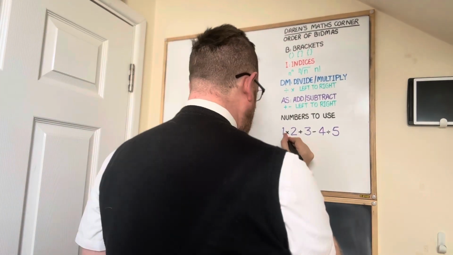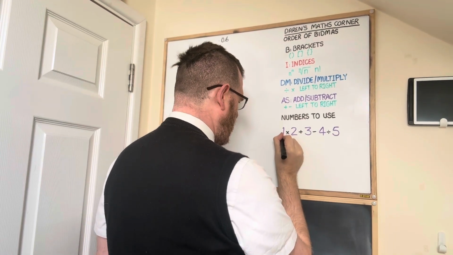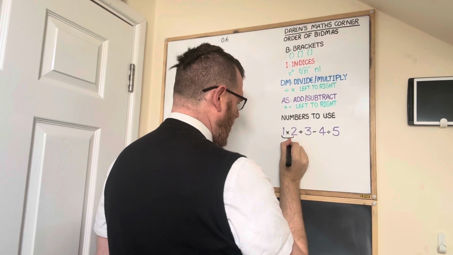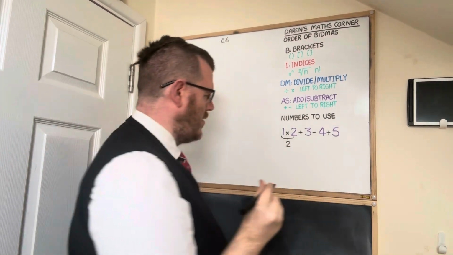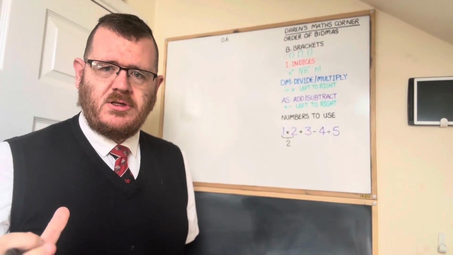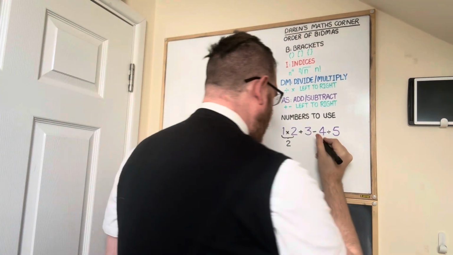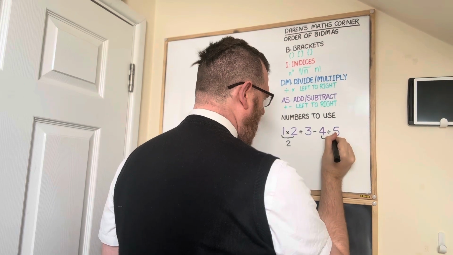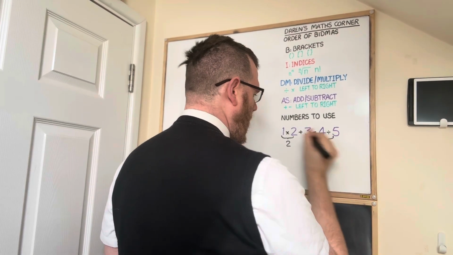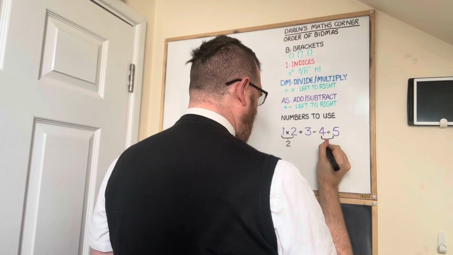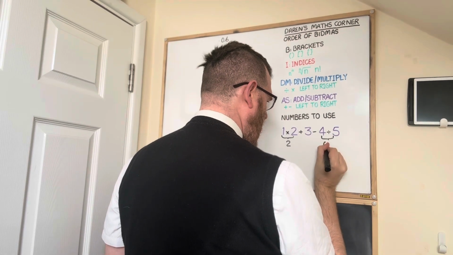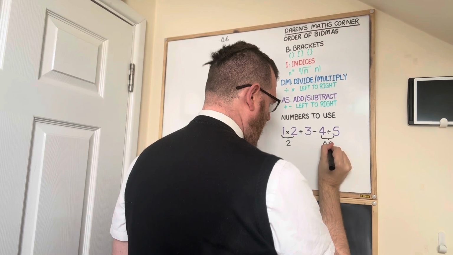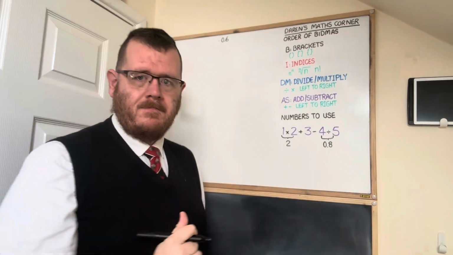The next thing we want to look at is, well, the first thing we need to do is get the multiplication done, which is 2. Obviously 1 times 2 is 2. We've done the multiplication first, then we'll do the dividing, like that.